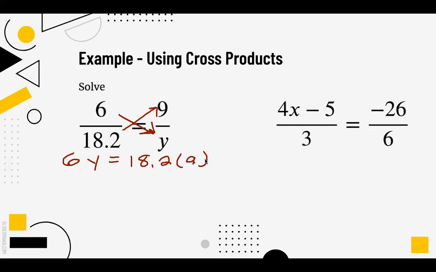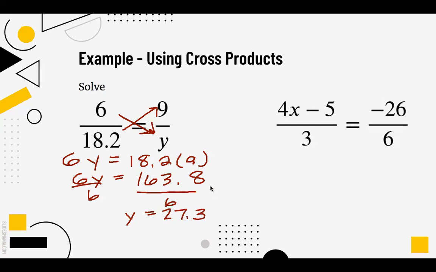So then 6y would be equal to 163.8. And then we'll divide both sides by 6, so that y is equal to 27.3. And therefore now we have two equivalent fractions, a proportion.